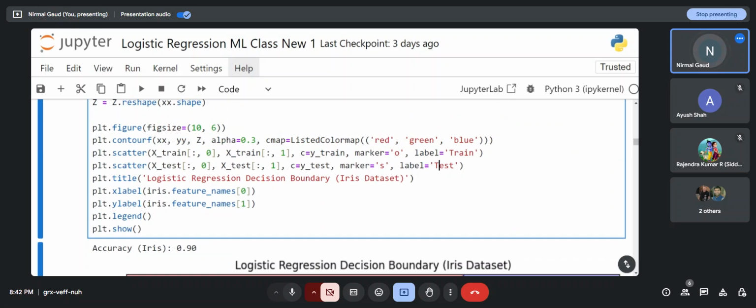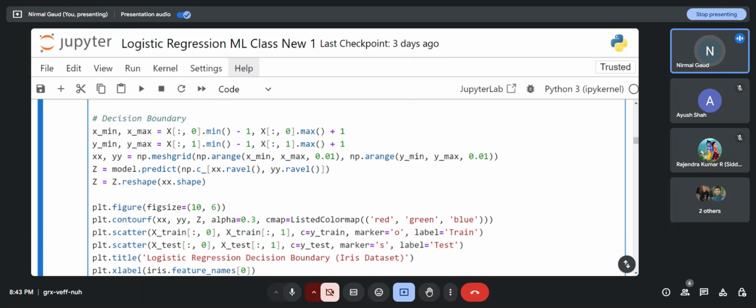Okay, so we have made the contour region by these three. XX and YY we have calculated by mesh grid, by taking the limits of X min max, Y min max, and then for Z we have performed the prediction over XX and YY.